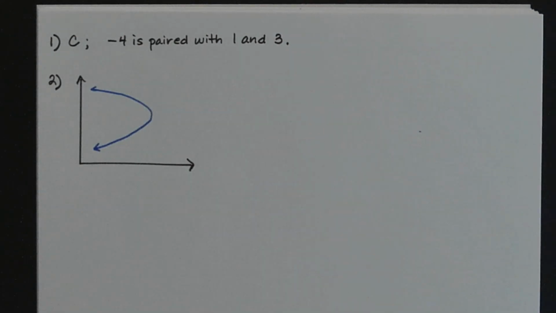Now here we use the vertical line test to determine whether that graph is a function. If that vertical line crosses the graph at more than one place, then that means that the graph does not define y as a function of x.